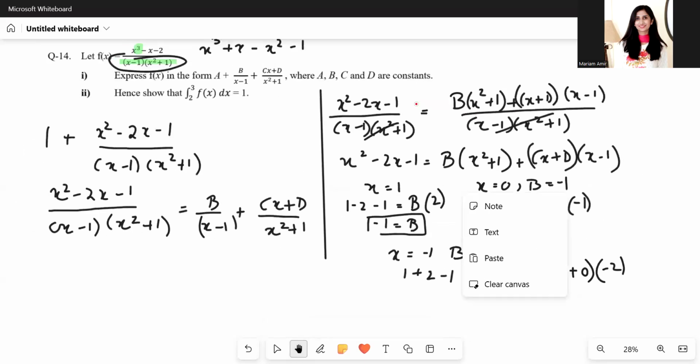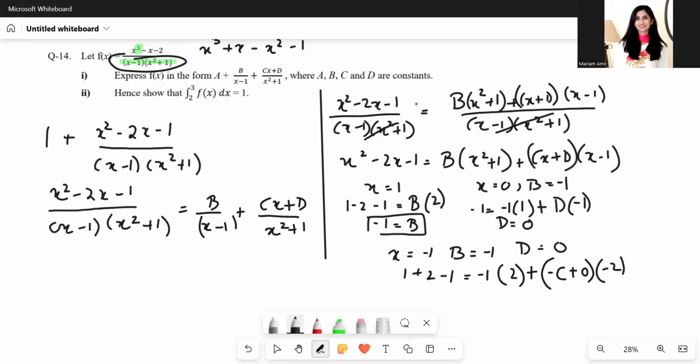So now we're getting 2 here is equal to negative 2 plus 2C. So 4 is equal to 2C and C is equal to 2.